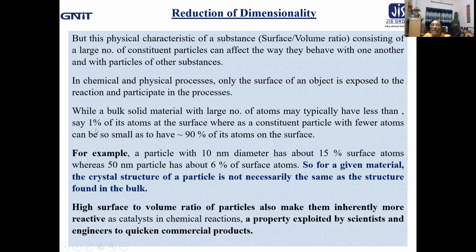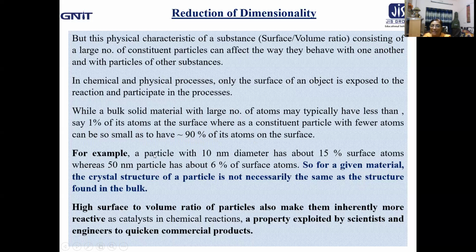Here it is shown as an example that if you consider a large number of atoms, then it may be 1% of the atoms at the surface. But if you consider a very small one, maybe 80 or 90% of the atoms are on the surface.